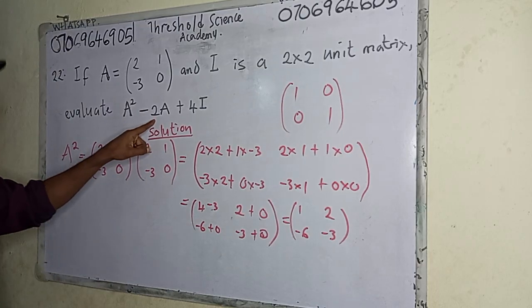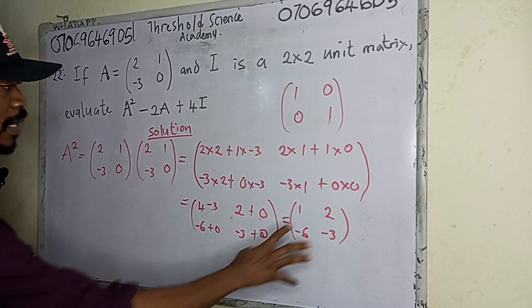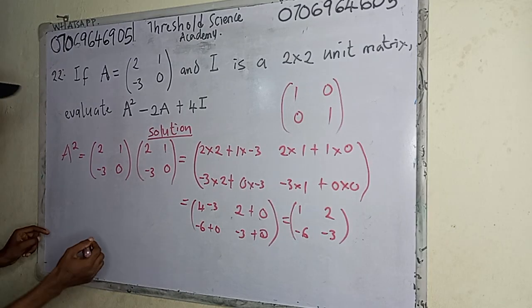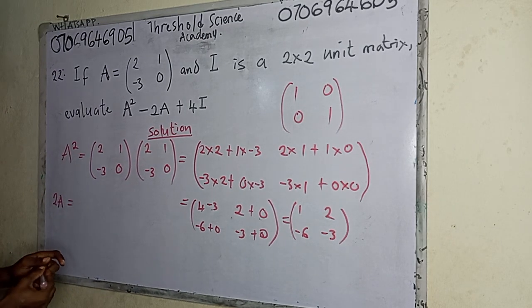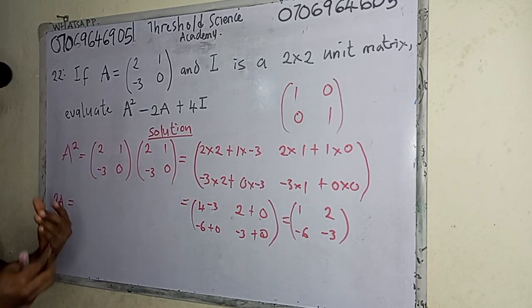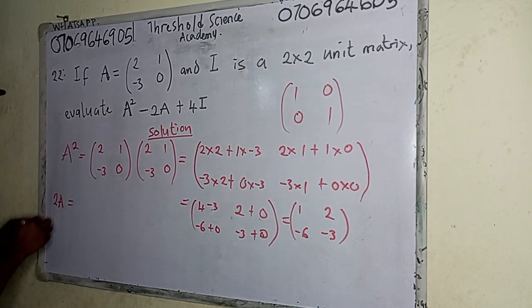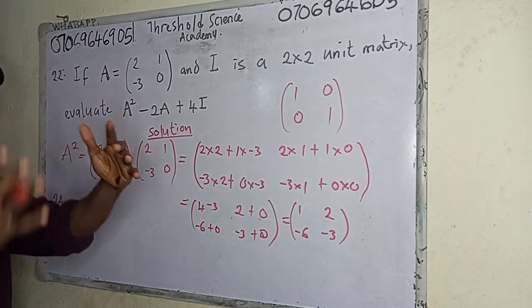And then we move on to 2A. 2A simply means that I'm going to multiply the matrix A by 2, a scalar multiplication. You use the scalar, which is the number, multiplying it by all the components of the matrix.